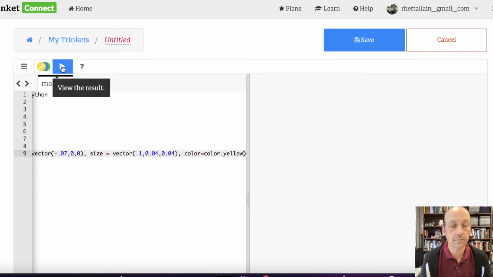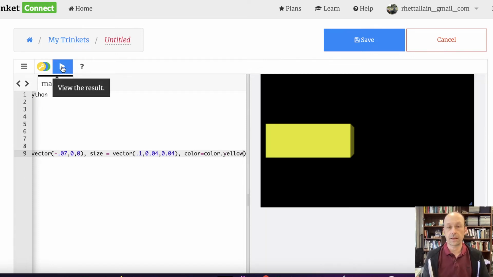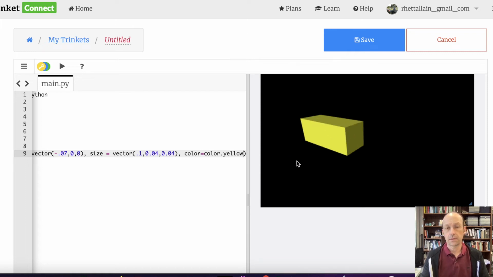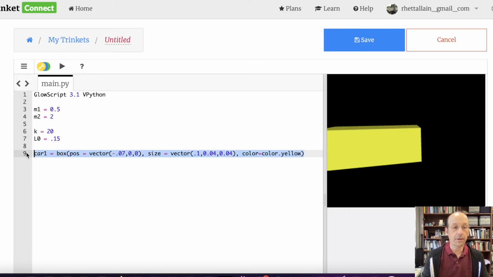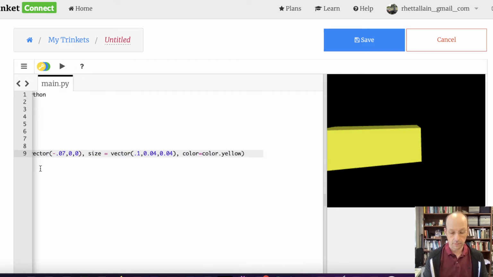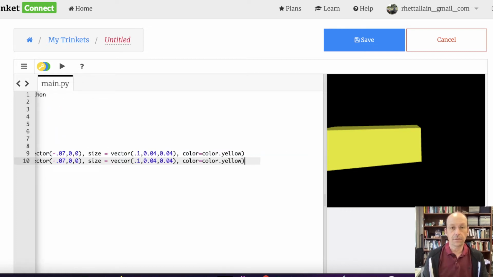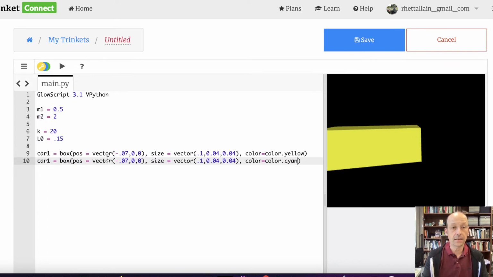Okay, let's run it. Okay, that's a little big, but that's fine. It doesn't matter. I think we can handle that. Okay, so now I'm going to make cart 2. Let's just copy this. And this is cyan. And it has the same size.